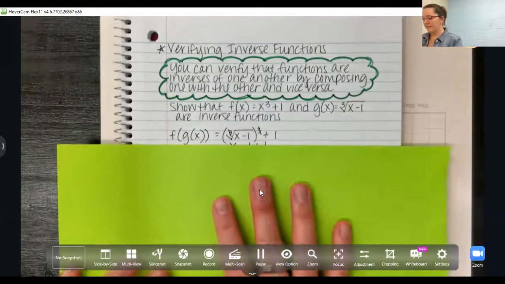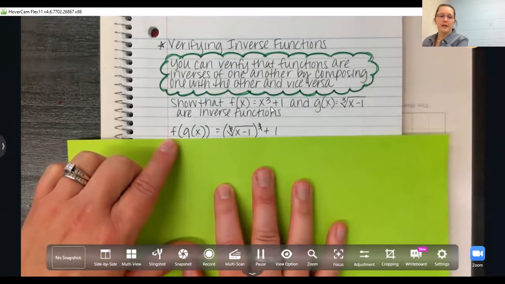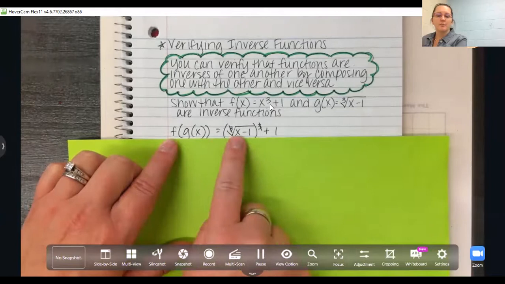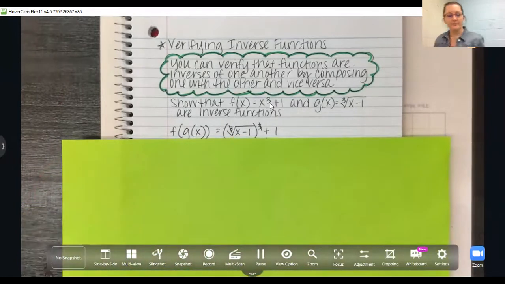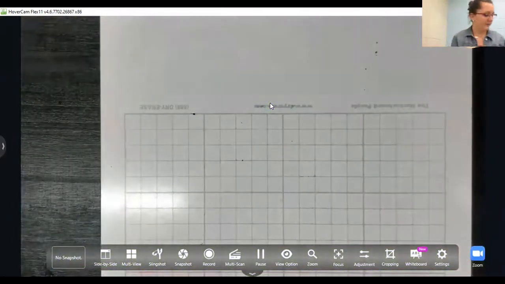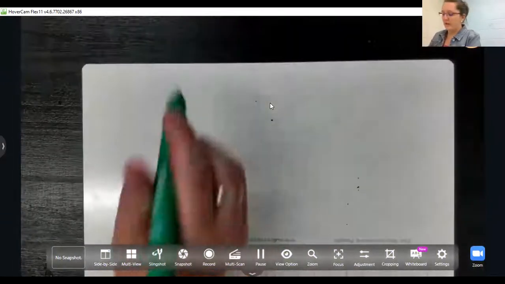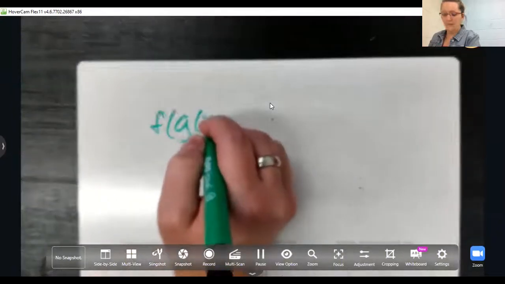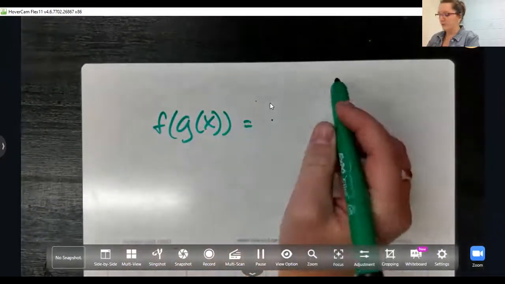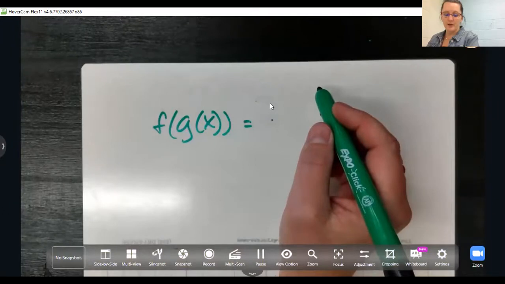So let's see. I want to compose, right? So I'm going to compose f of g of x. I'm going to write this so that way you can see the work on the whiteboard. So f of g of x equals, the f of x was x cubed plus 1, and g of x was cube root of x minus 1.